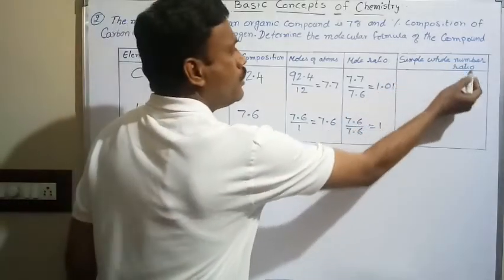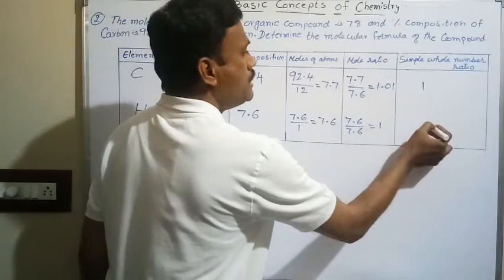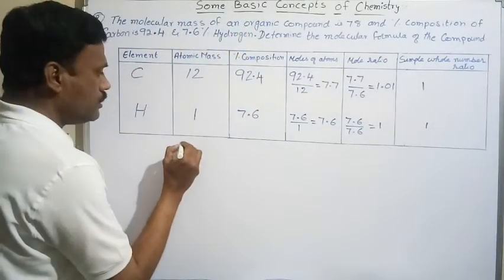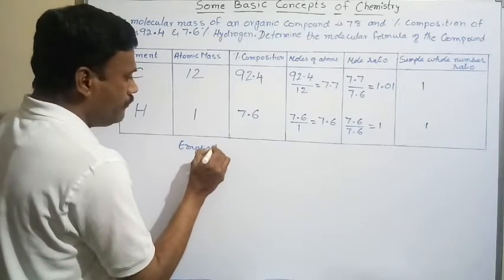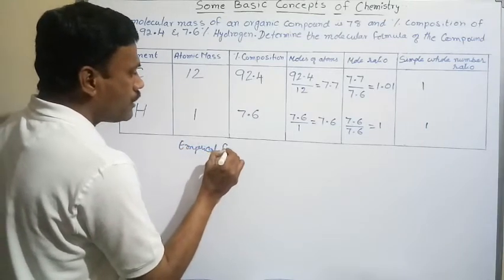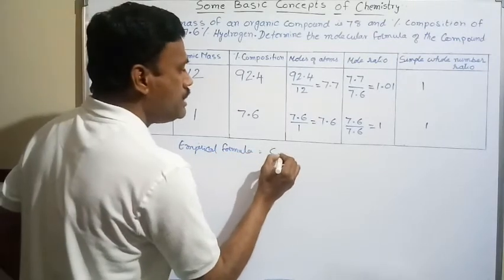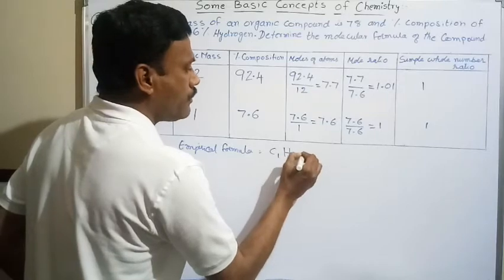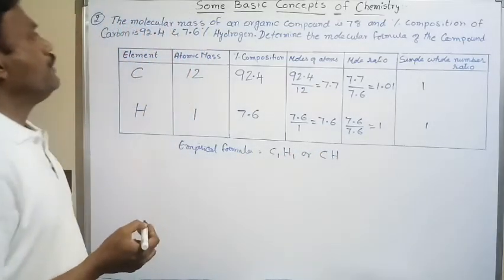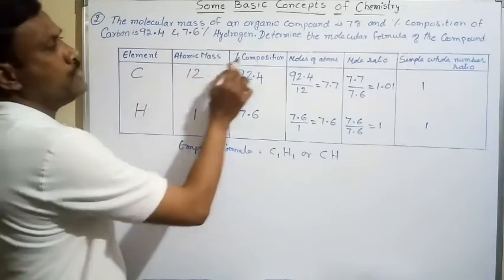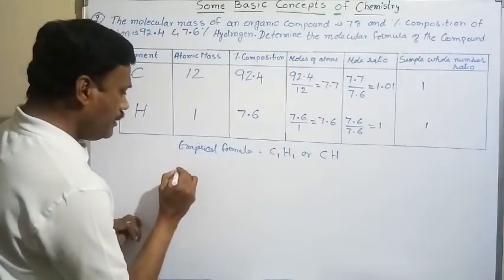The simple whole number ratio for carbon is 1 and for hydrogen is 1. So the empirical formula is C1H1, or CH.